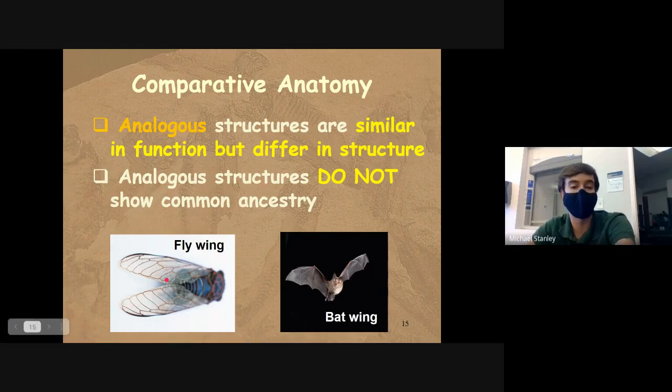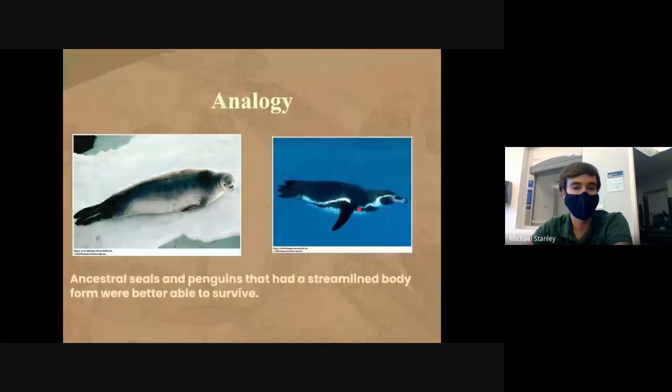Insects do not have any sort of bones or structure inside of their wings, compared to bats and birds, which do. So even though they're used for similar things, they are built completely differently, meaning that they don't show any sort of common ancestor.